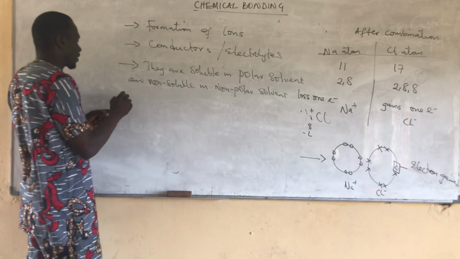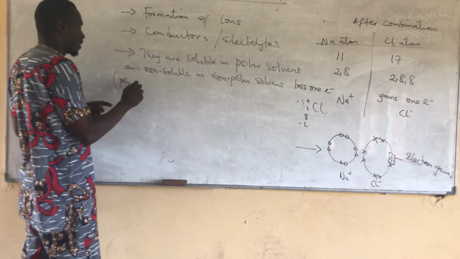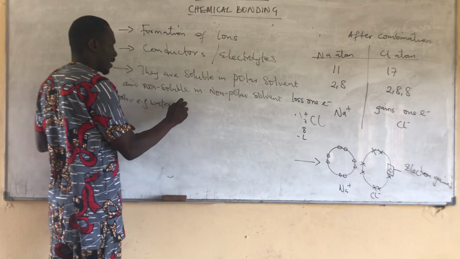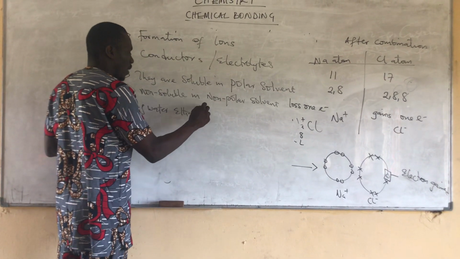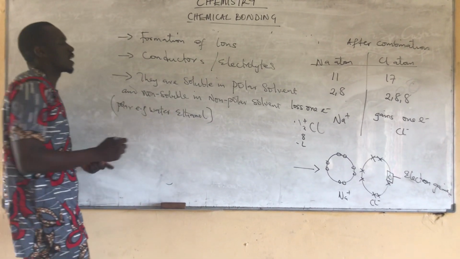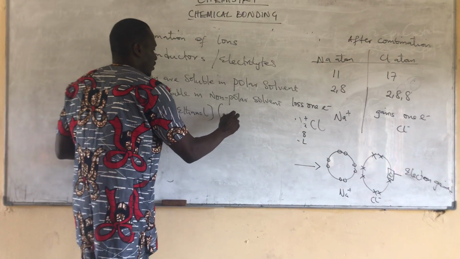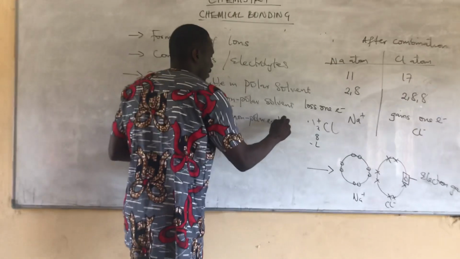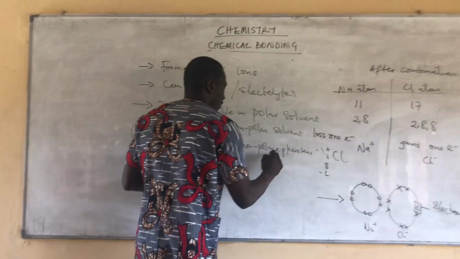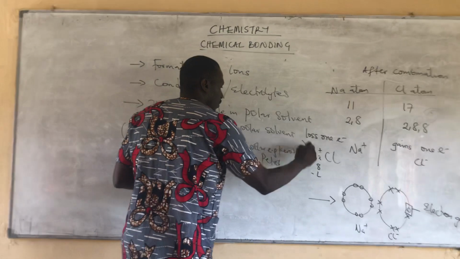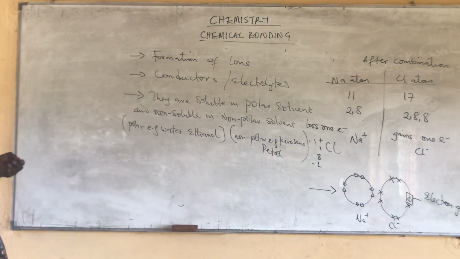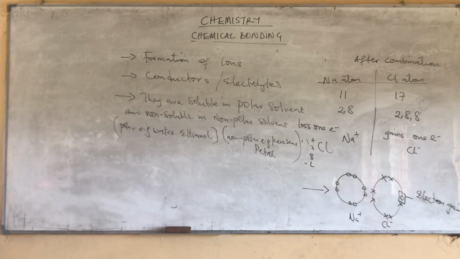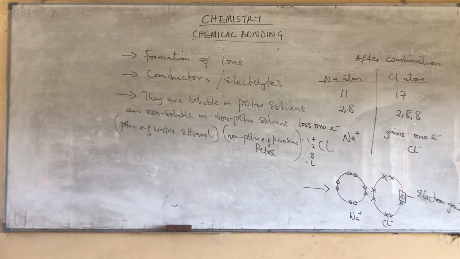So polar solvents, e.g. water, ethanol. That's why your common salt is soluble in water. And non-polar, e.g. kerosene, petrol, etc. This gave them their properties.